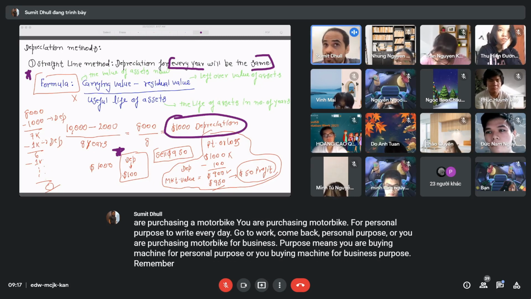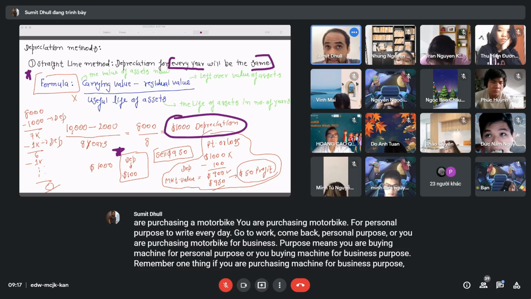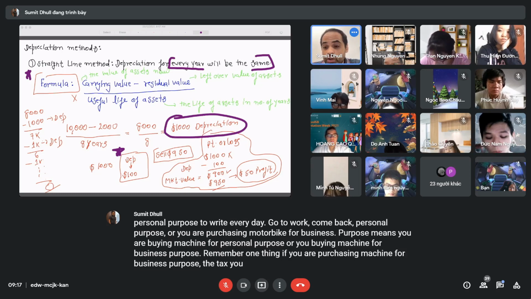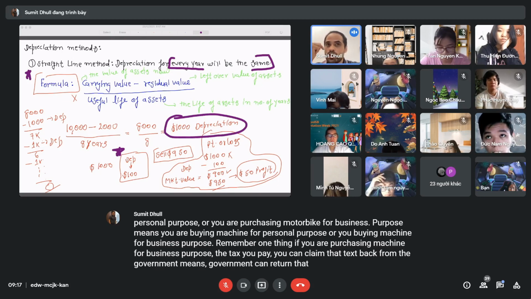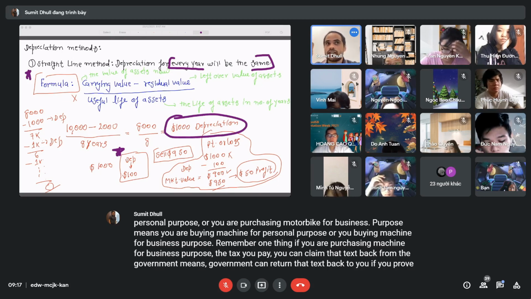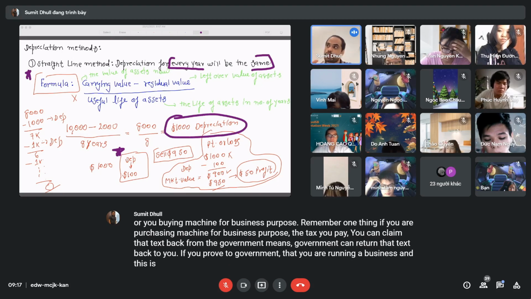Remember one thing: if you are purchasing a machine for business purpose, the tax you pay, you can claim that tax back from the government. Means the government can return that tax to you if you prove to the government that you are running a business and this is an asset you purchased for business purpose.